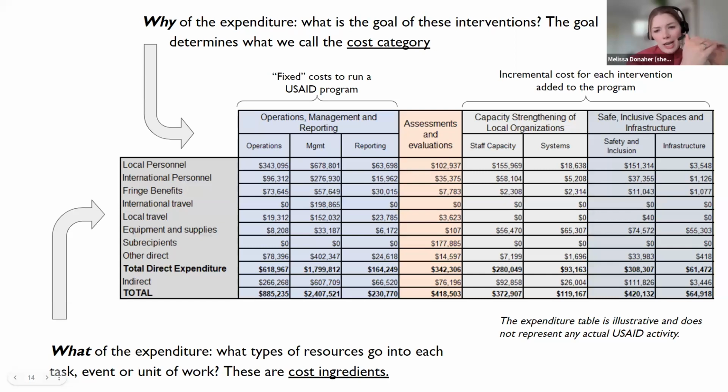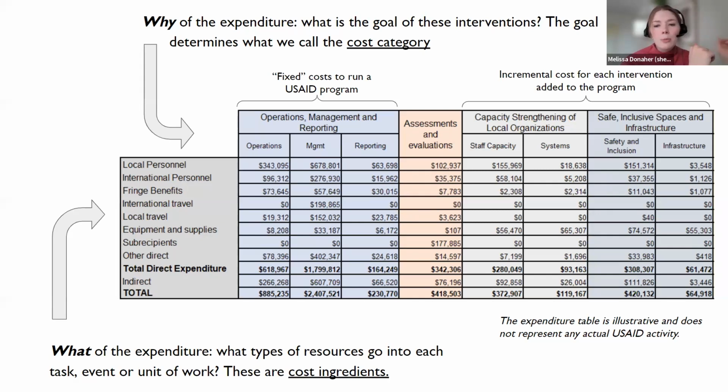The question to ask yourself for all of these columns is, why did we incur this particular expense? Here you'll see we have the light gray color, for example, capacity strengthening of local organizations. If you have an activity where one of your core objectives is to support capacity strengthening of local organizations, any costs related to that would go under this category.